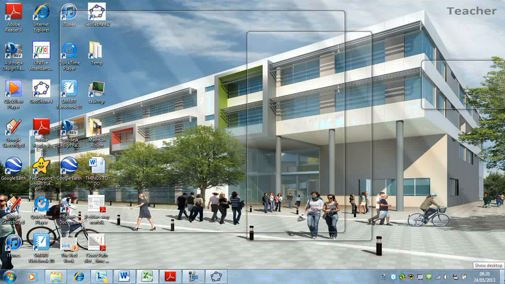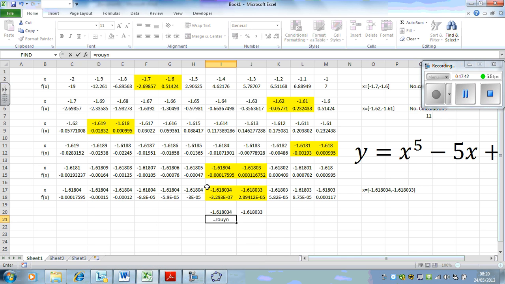Now if we round both of these, if you go to equals round, and we want it to 5 significant figures, and I drag, we get exactly the same answer. So we have solved our equation.